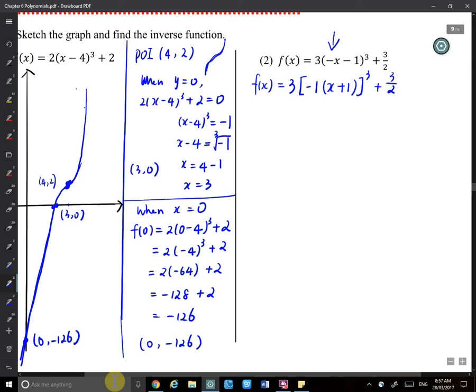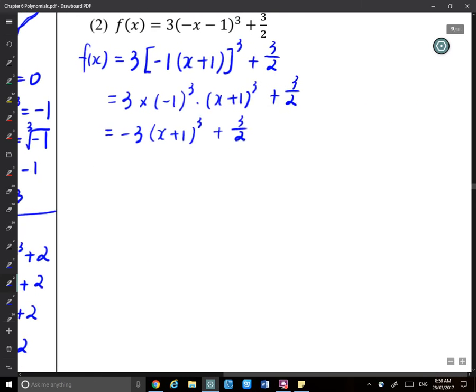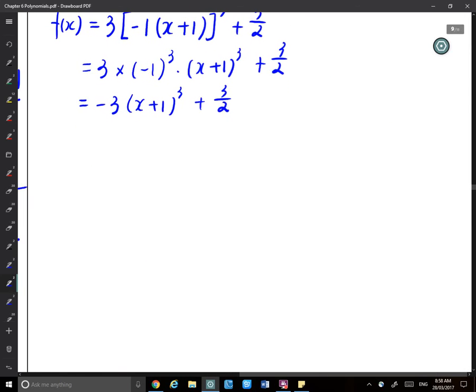That equals 3 times minus 1 cubed times (x plus 1) cubed plus 3 on 2. So that will give me minus 3(x plus 1) cubed plus 3 on 2.